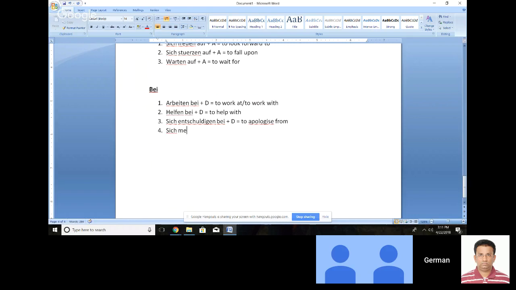Sich melden bei plus dative, to report to. Wohnen bei plus dative, to live with. Ich wohne bei meinen Eltern. I live with my parents.